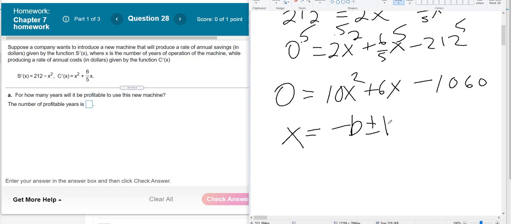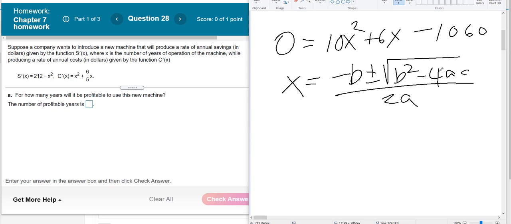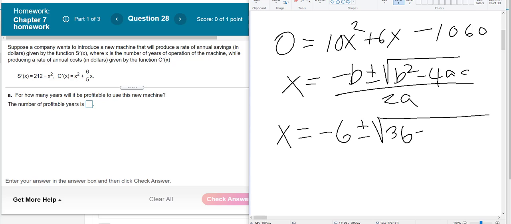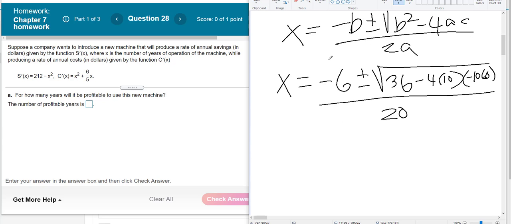The opposite of b plus or minus the square root of b squared minus 4ac all over 2a. So it is negative 6 plus or minus the square root of 36 minus 4 times 10 times negative 1060, and all of that's over 20 because 2 times 10 is 20.